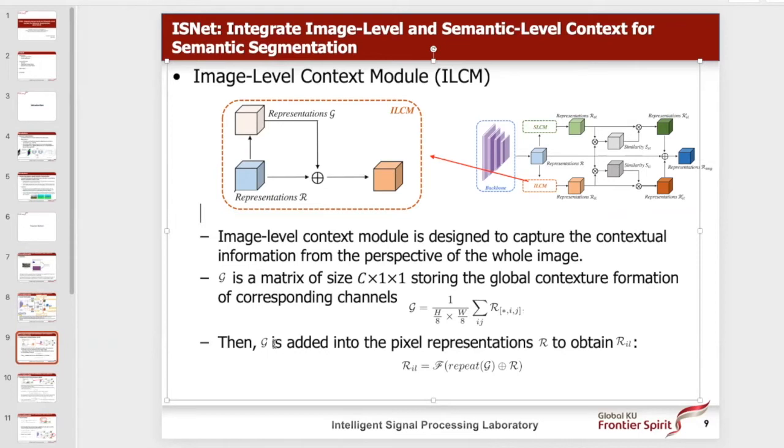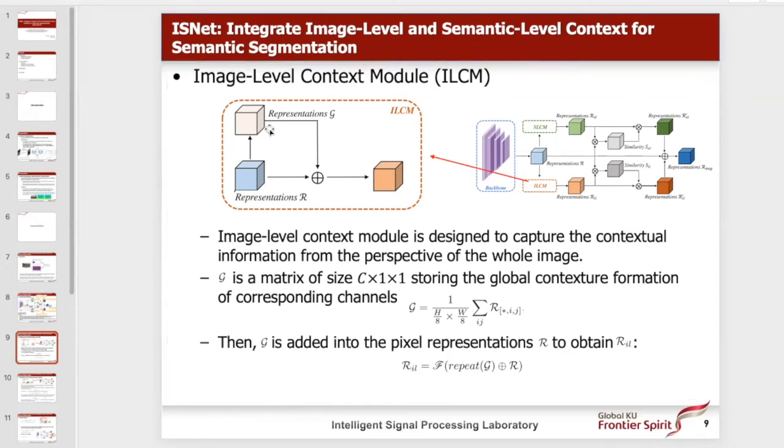And then we will add it to the pixel representations to obtain R_IL. We do the repeat operation to make this one have the same size as the representation R. And then we will get the representations which have been encoded with the image level contextual information.